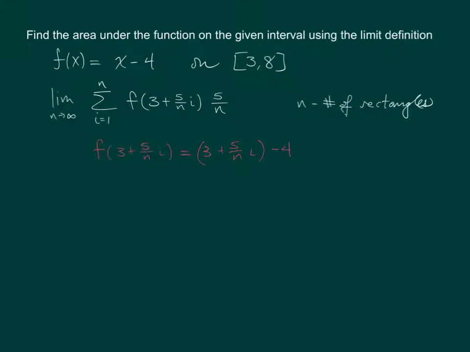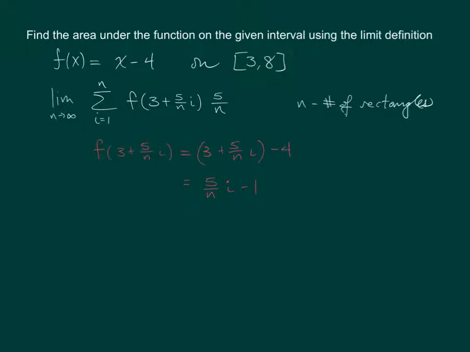And when this gets simplified, this turns into 5 over n i minus 1.